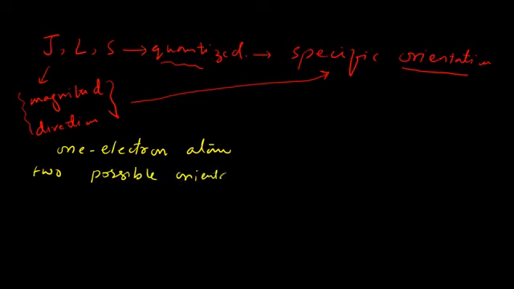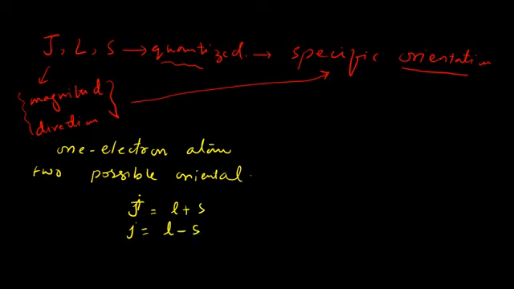Which are these possible orientations? J can be either equal to l plus s, or equal to l minus s.